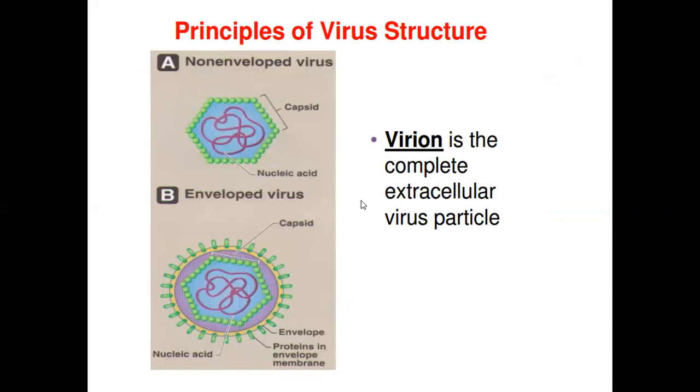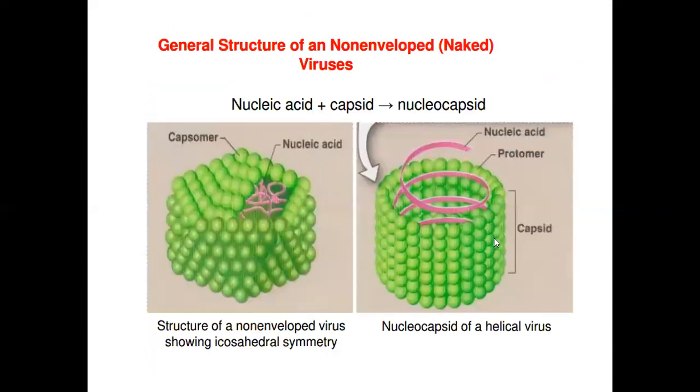Okay, here we can see non-enveloped and enveloped viruses. A virion is a complete extracellular virus particle. And also here we can see the difference between cubic icosahedral symmetry and helical symmetry.